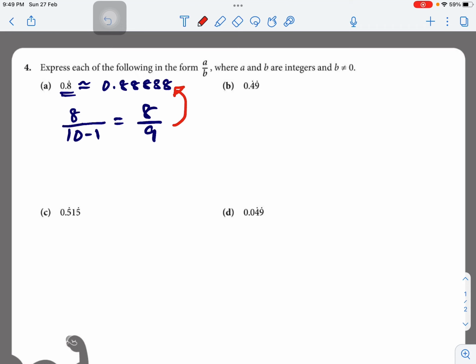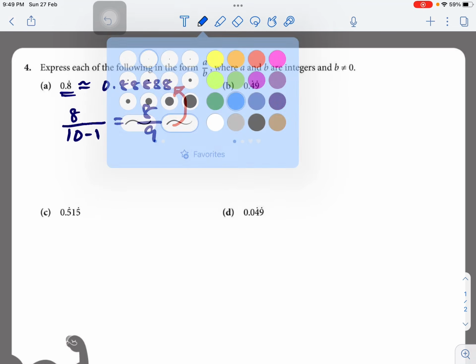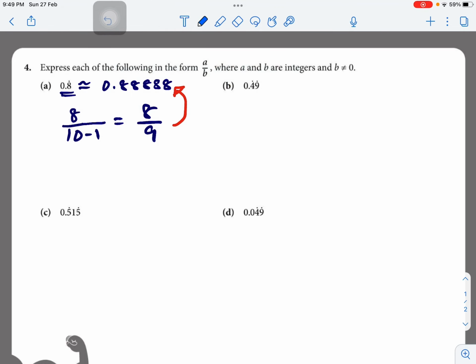So let me give you another example. Let's take 0.7 with the recurring decimals over here. So what this would give me is 7 over 10. That's the closest you can get, right?